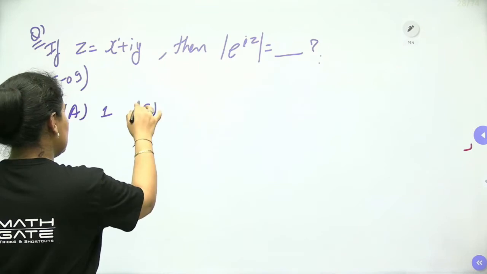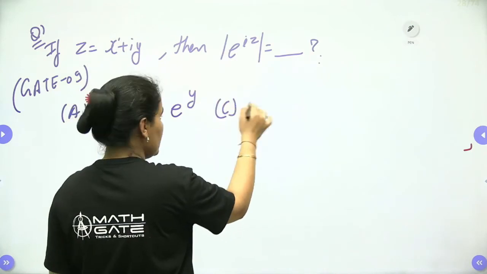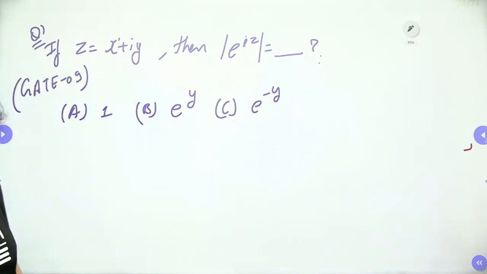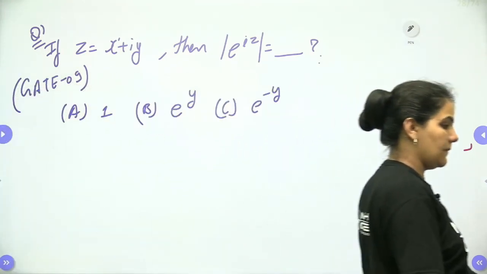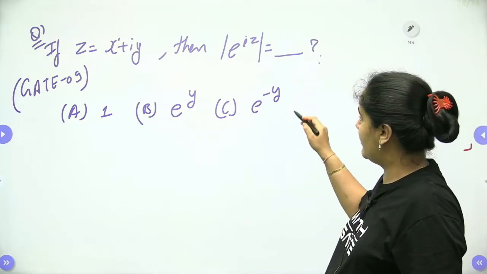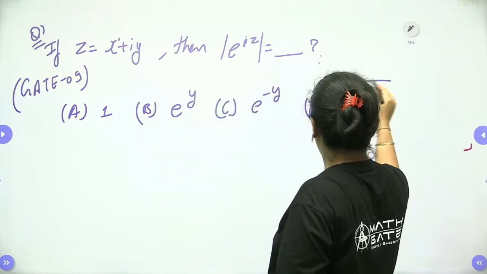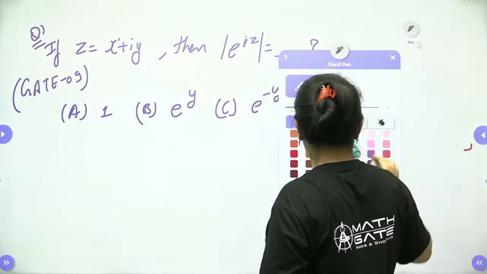One is e to the power y, another is e to the power minus y, then e to the power iota y, e to the power minus iota y, and the next option is e to the power root of x square minus y square.